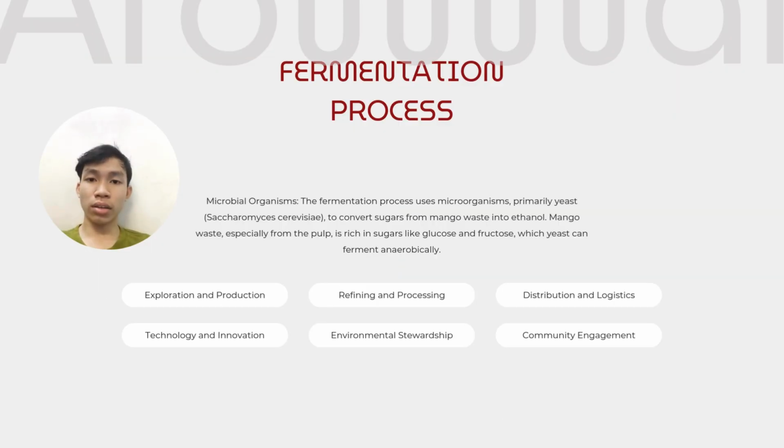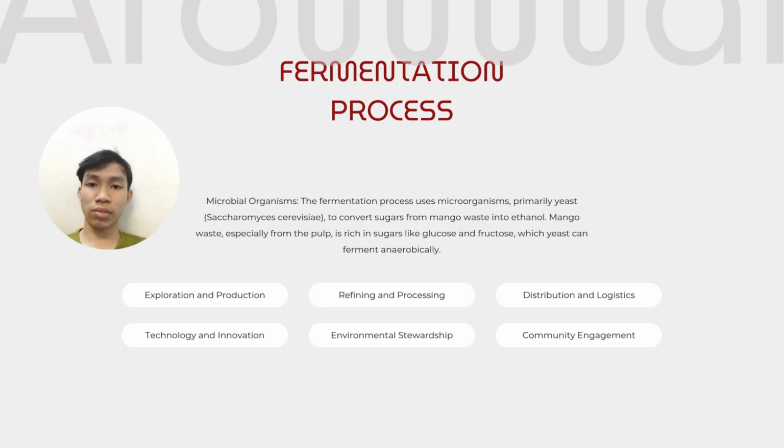So this is the fermentation process in this production. The fermentation process uses microorganisms, primarily yeast, to convert sugars from mango waste into ethanol. Mango waste, especially the pulp, is rich in sugars like glucose and fructose, which yeast can ferment anaerobically.